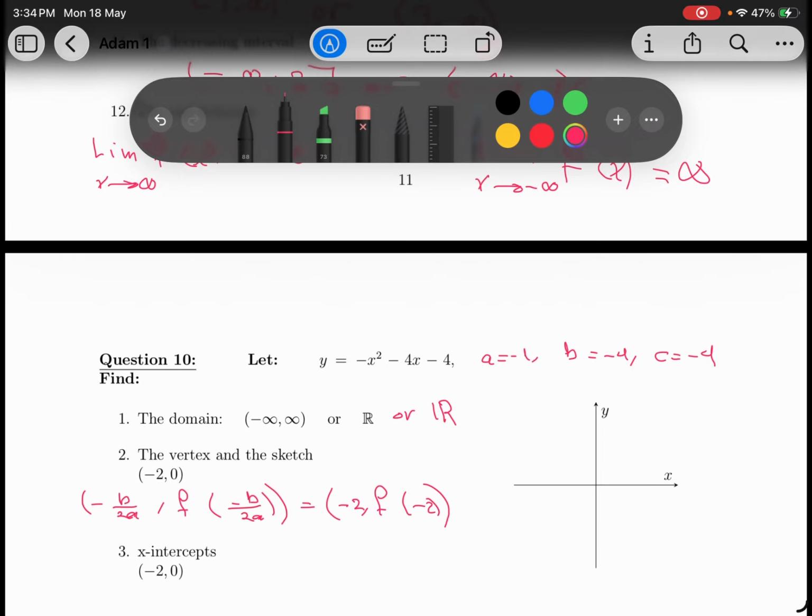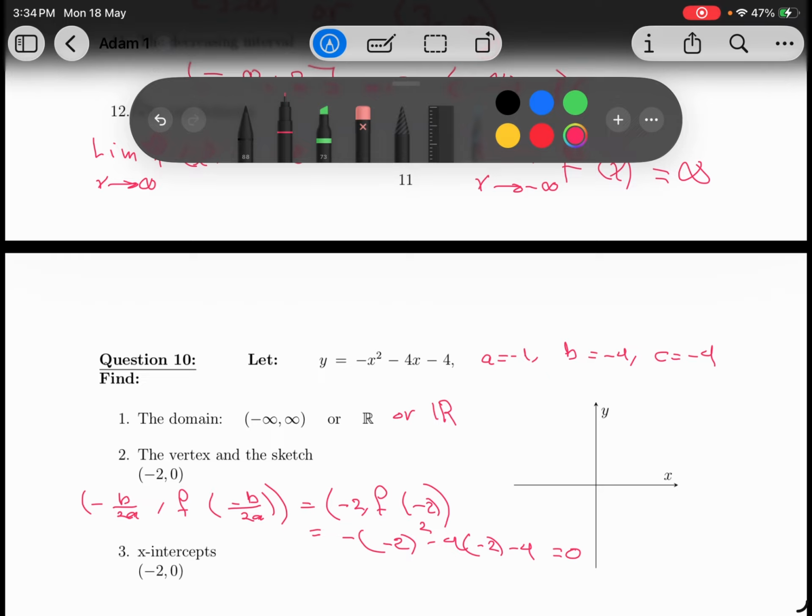You can use your calculator to find f of minus 2, and obviously f of minus 2 here is 0. The way you plug it in here, you keep this minus, then minus 2 squared, please, in parentheses, with the square outside these parentheses, then minus 4 times minus 2, and here I have minus 4, and you will end up with 0.